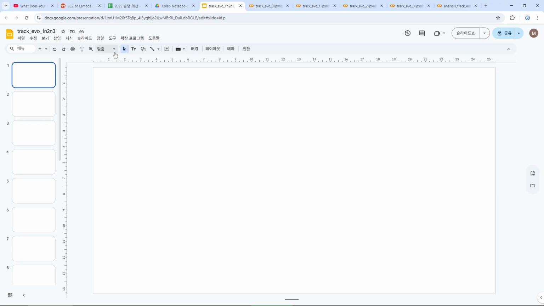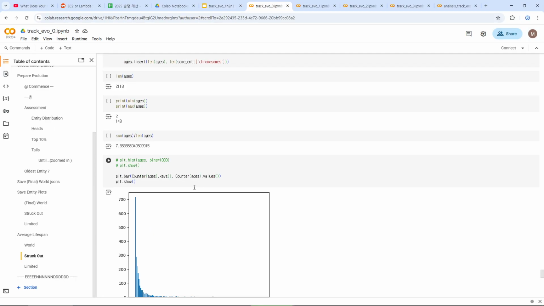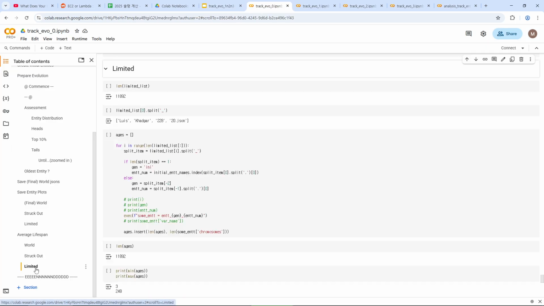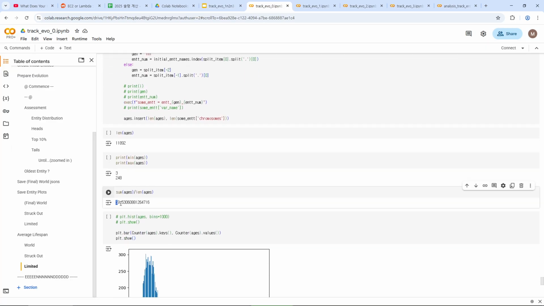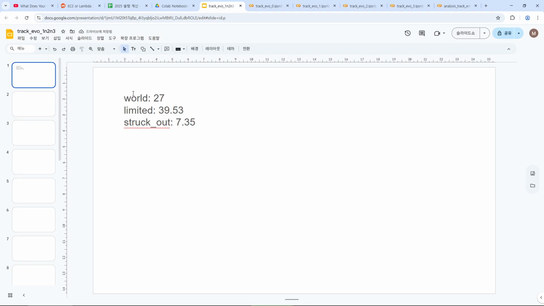World 27, limited is something, and struck out was 27. For the struck out entities it was 7.35, and for the limited entities it was 39.53. So that was in Track Eval.